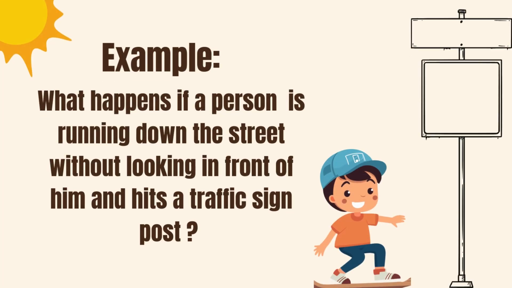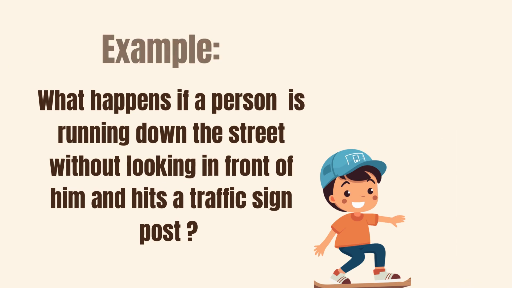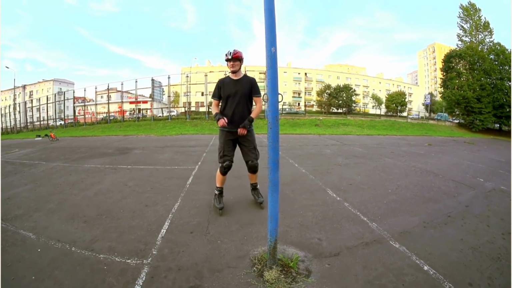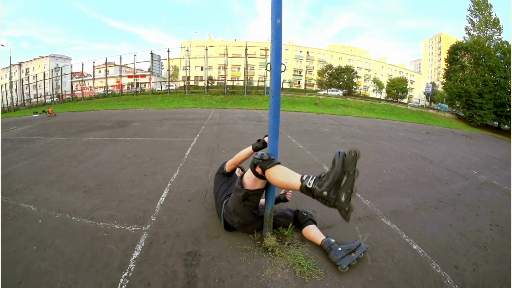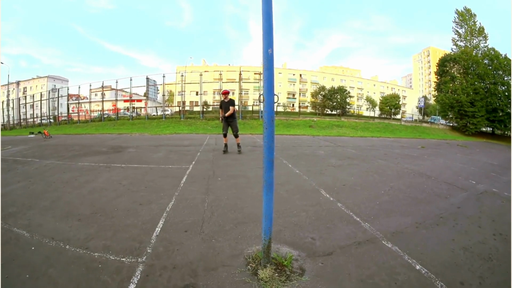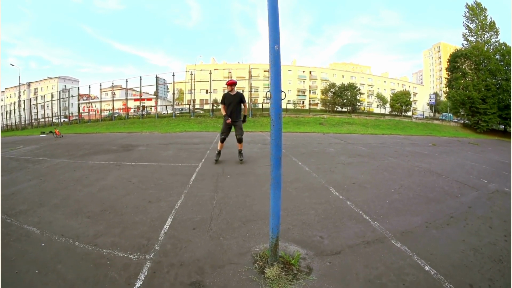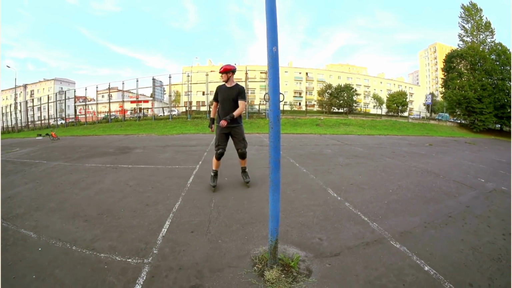Example for this: what happens if a person is running down the street without looking in front of him and hits a traffic signpost, as you see here? This man didn't look in front of him, so he collides with this traffic signpost. What happens?